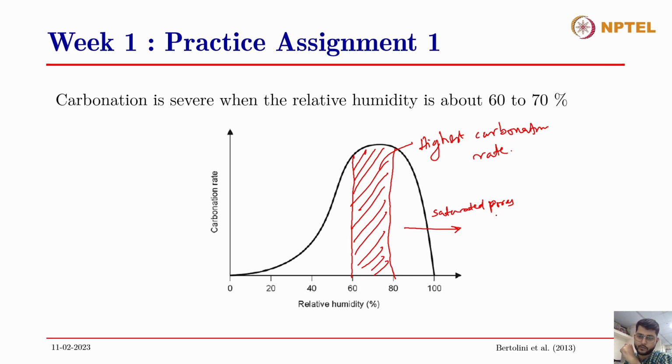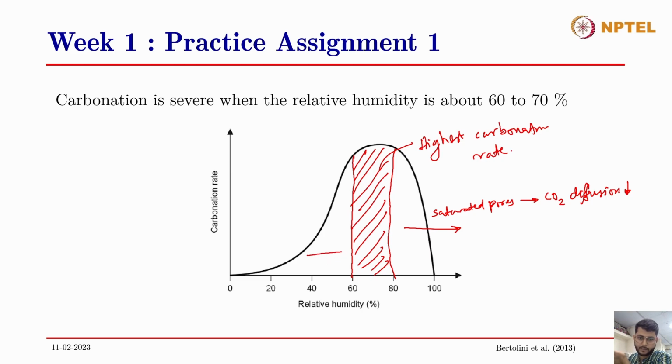And if the pores are saturated, the diffusion of carbon dioxide decreases because the solubility of carbon dioxide in water is low. So beyond 80%, when the pores are saturated, the carbon dioxide cannot get inside the concrete.